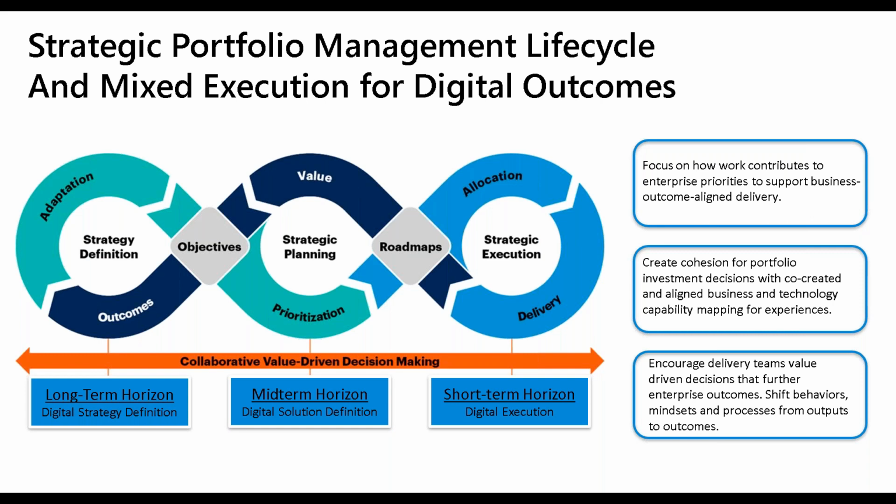I thought it was interesting because OnePlan actually addresses every one of these dimensions: the strategy definition, strategic planning, and strategy execution, through our strategy section, portfolio section, and delivery capabilities. And Agile is an important part of all of this, obviously.